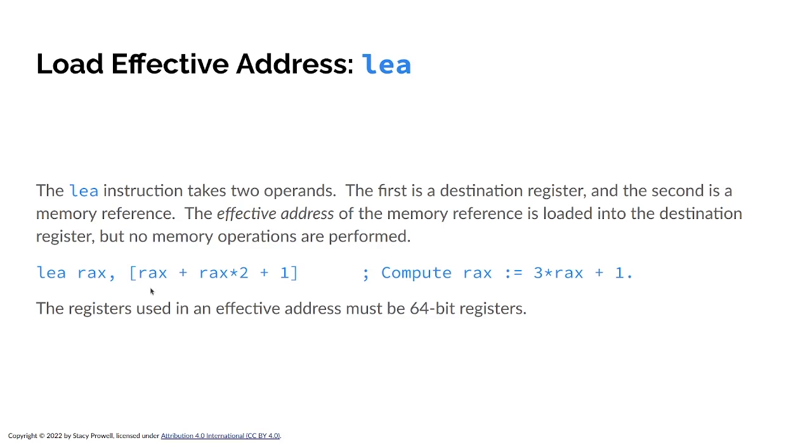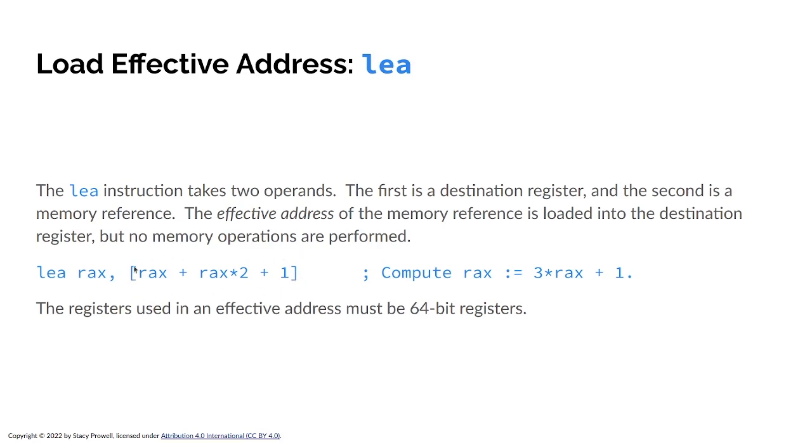Now, an important thing to note. The registers that appear inside these square brackets have to be 64-bit registers because addresses are 64 bits. So I've got to use the R version of them. And I've got to be careful about everything in here being a 64-bit thing. And we'll see that come up later on. This is the only time I'm aware of that the square brackets around the thing don't really mean indirection.